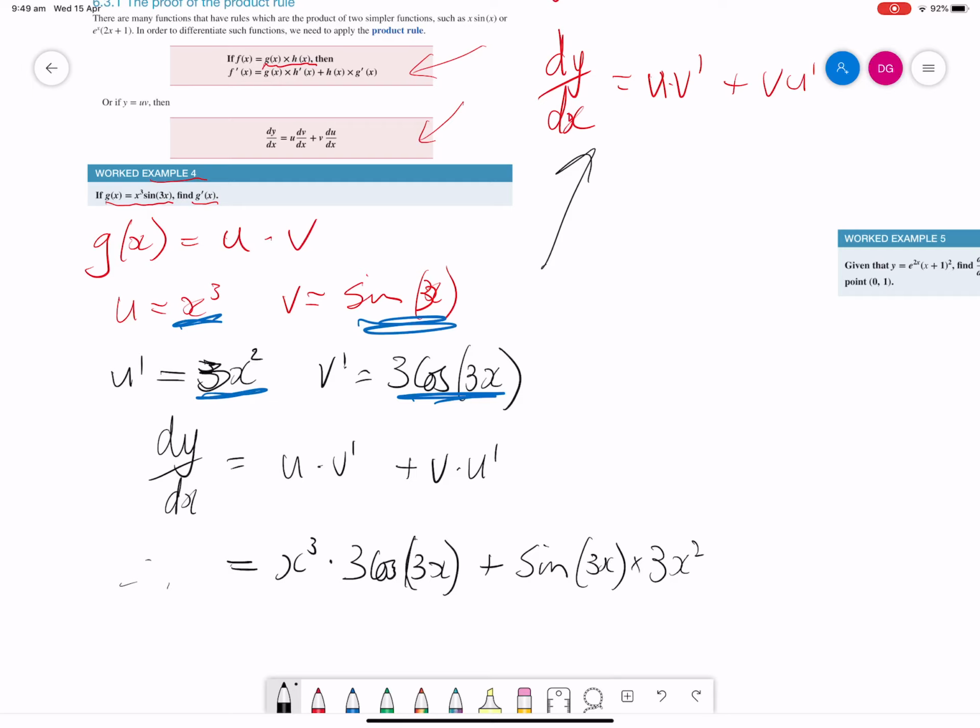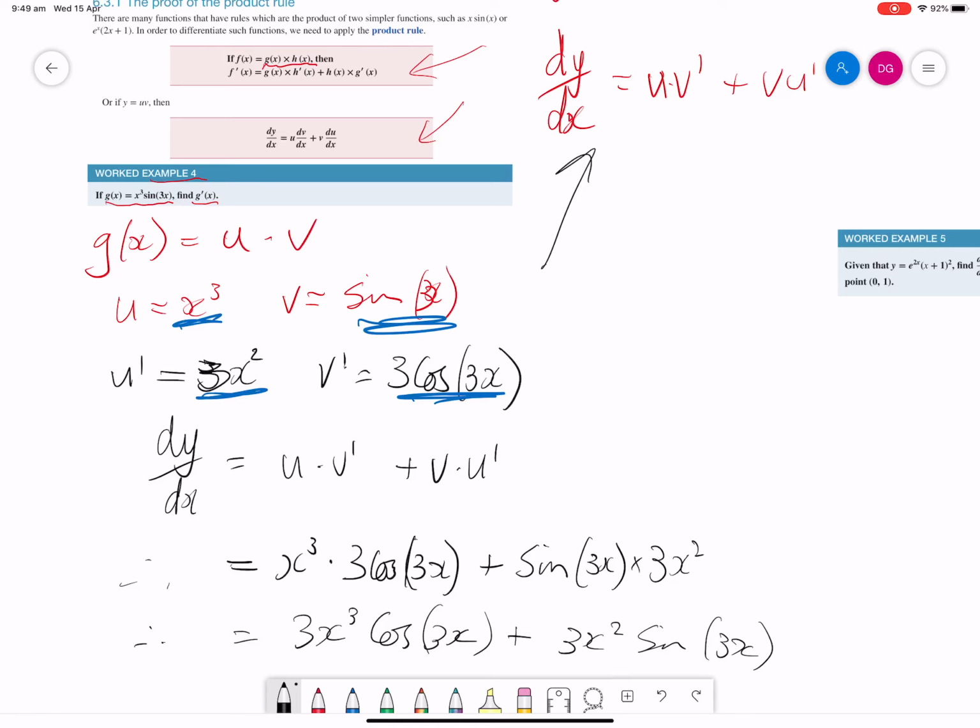Now it's just a matter of simplifying, so I have 3x cubed cos 3x plus 3x squared sine 3x.